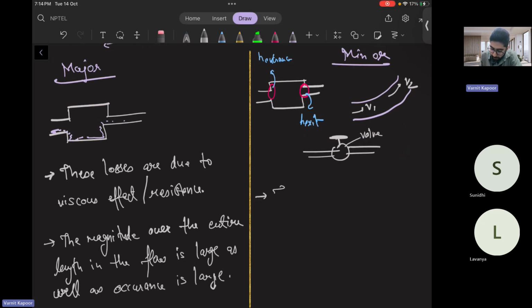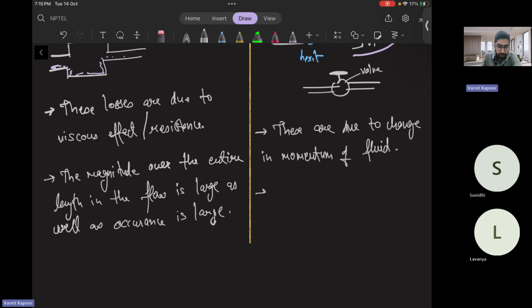So these are due to change in momentum of the fluid, that is, due to change in the magnitude of the velocity or the direction or both, because mass flow rate is constant.